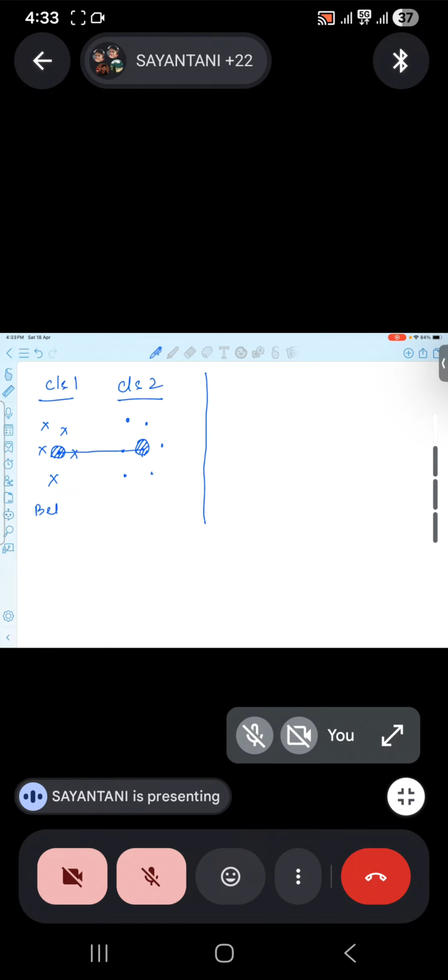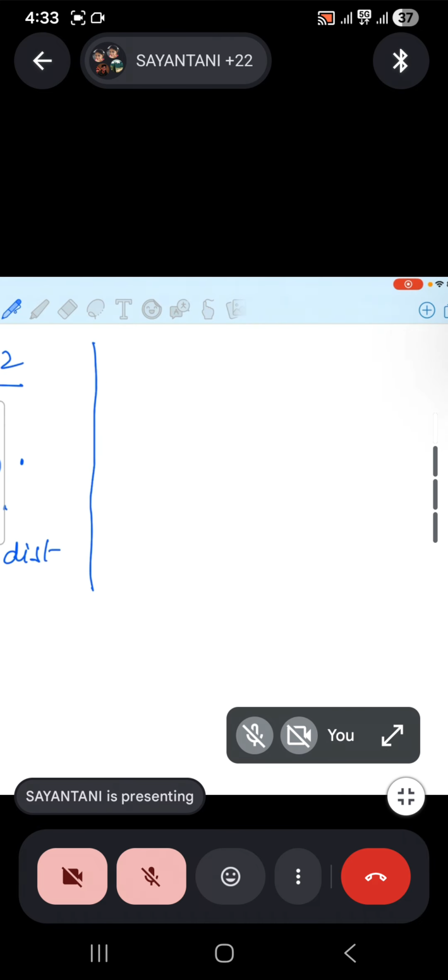So my between-class distance, that is the distance between centroids of two classes, has to be maximized.